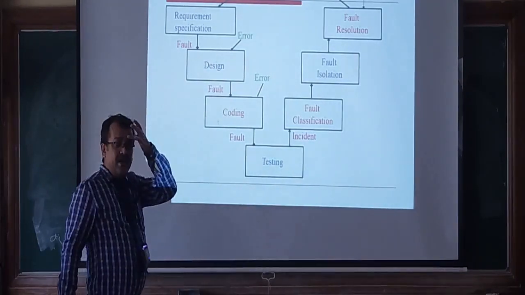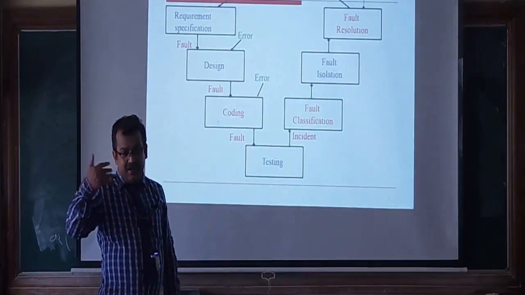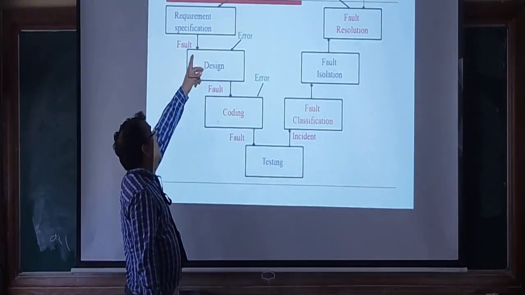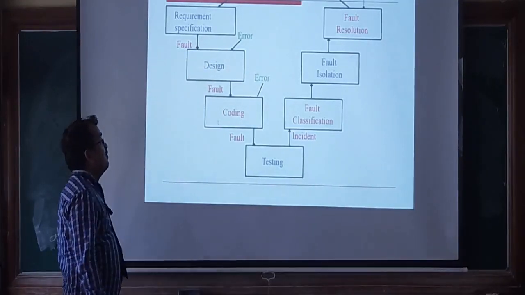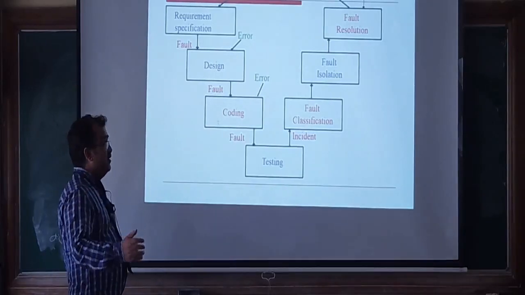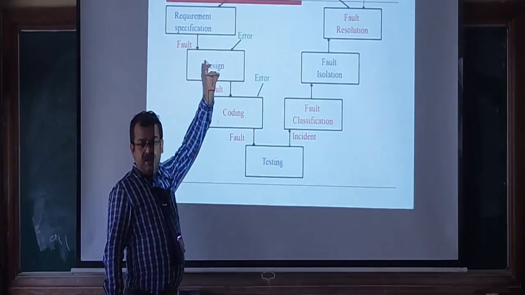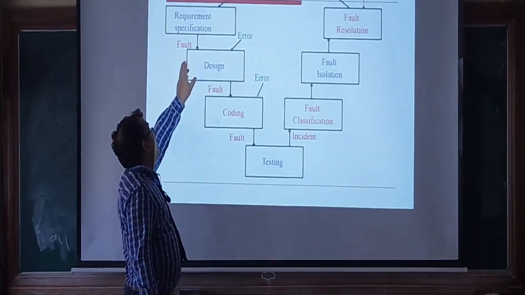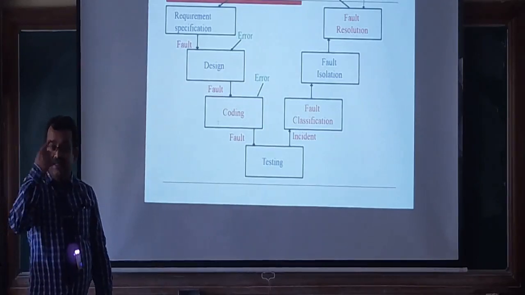Suppose there is a mistake included in the requirement specification, then there is a fault, or a defect, included in that requirement phase. It is a result of the error.